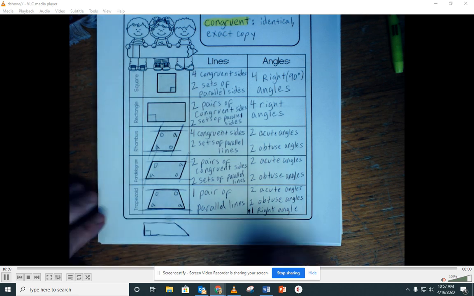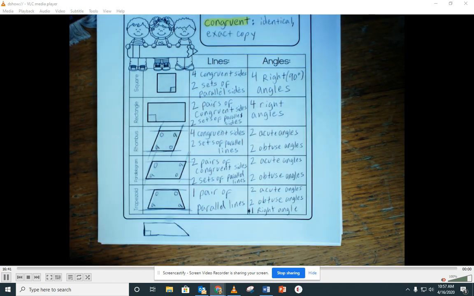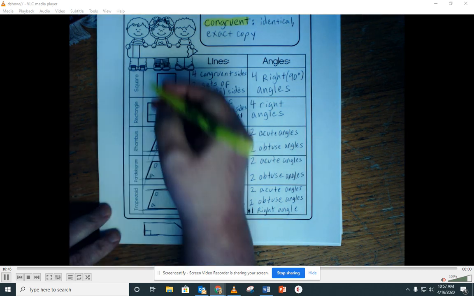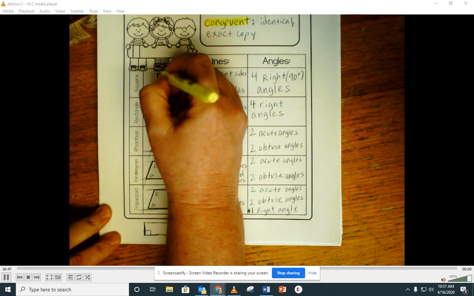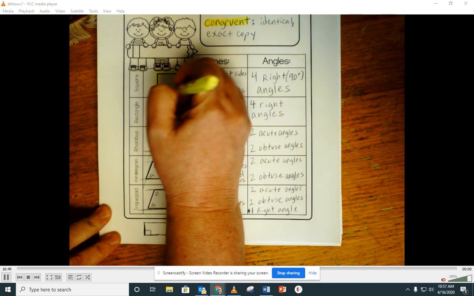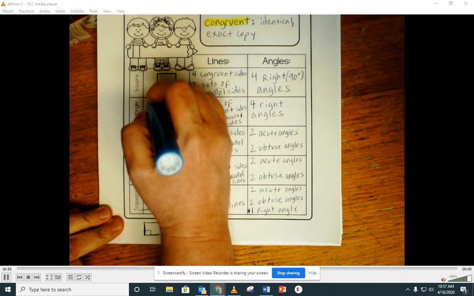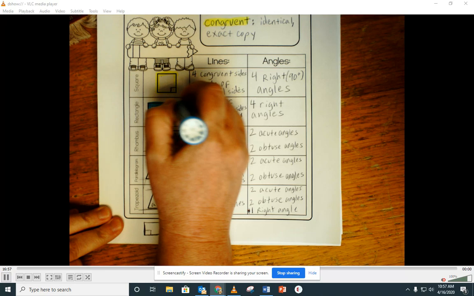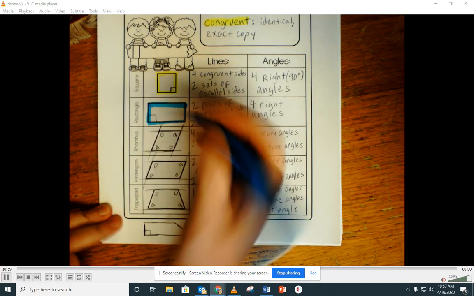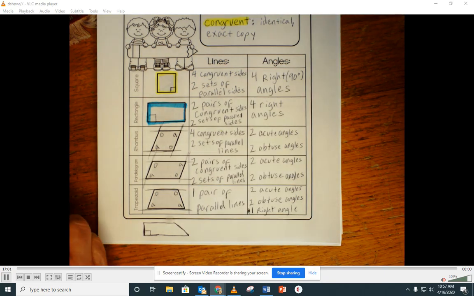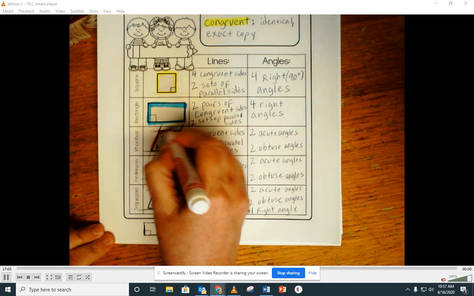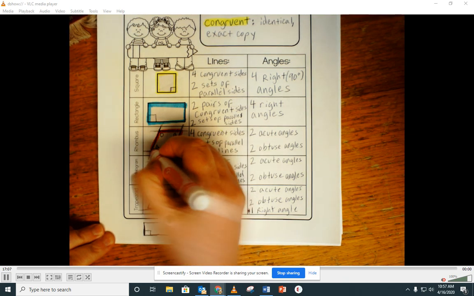Okay, so there is only one page for this lesson. So if you want to take a highlighter or your markers, you could outline some of these shapes. I'll highlight my square, highlight my rectangle, highlight my rhombus if you want to add a little color to your page.